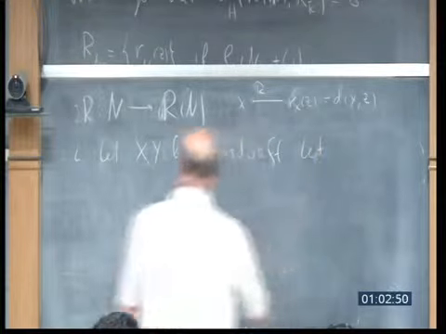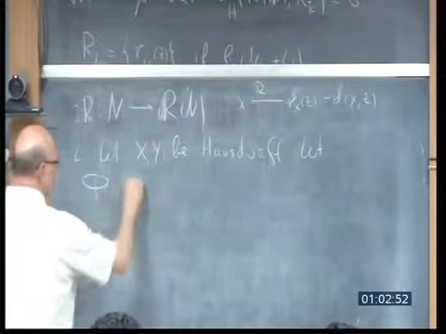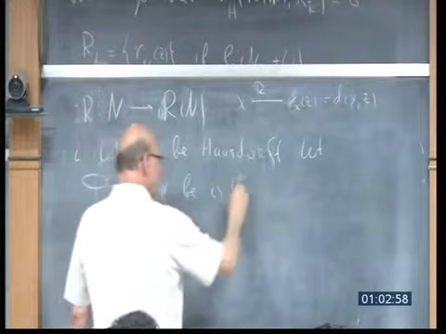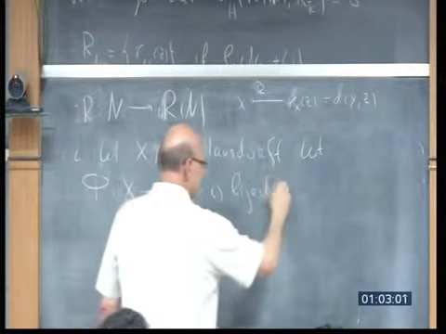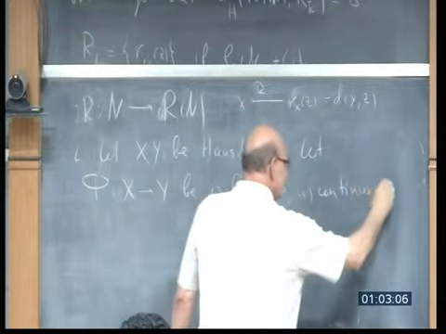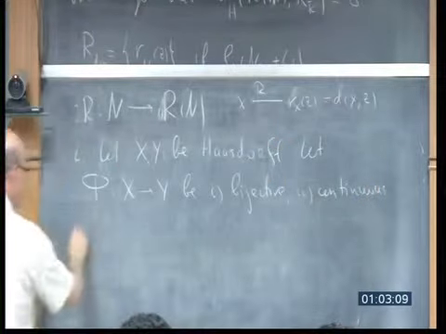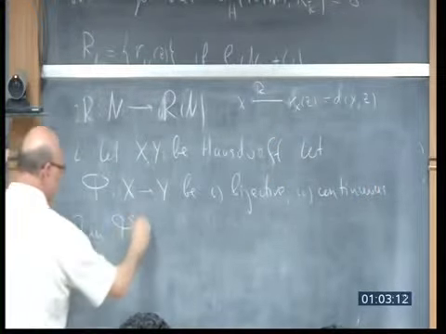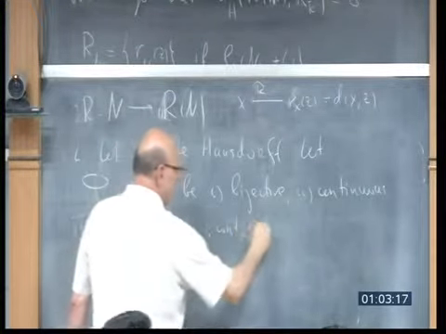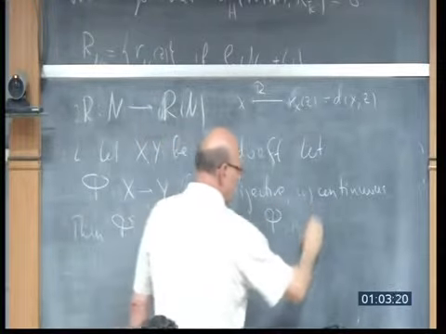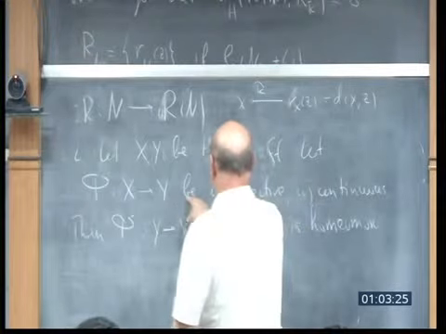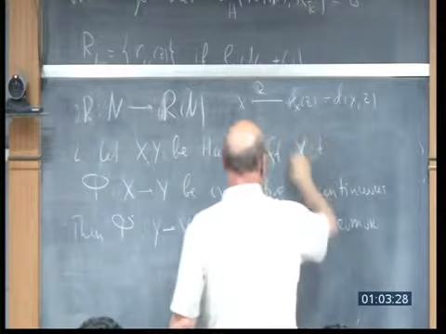Let phi from X to Y be, first, bijective, and second, continuous. Then phi inverse from Y to X is continuous, i.e., phi is a homeomorphism. Do we need compactness? Yes, I need that X is compact.